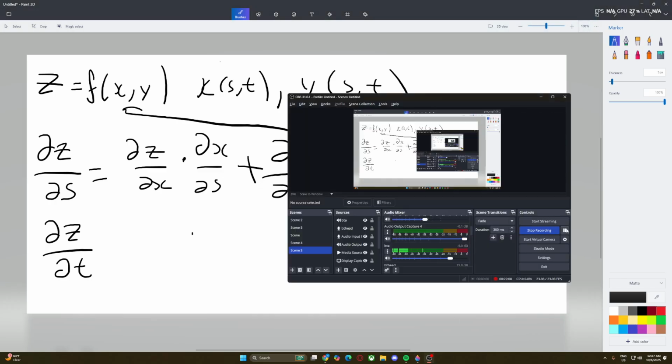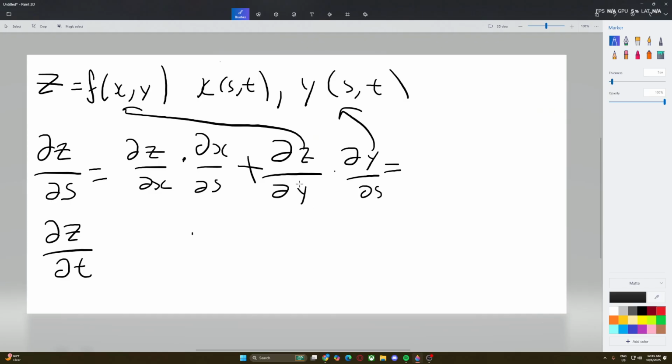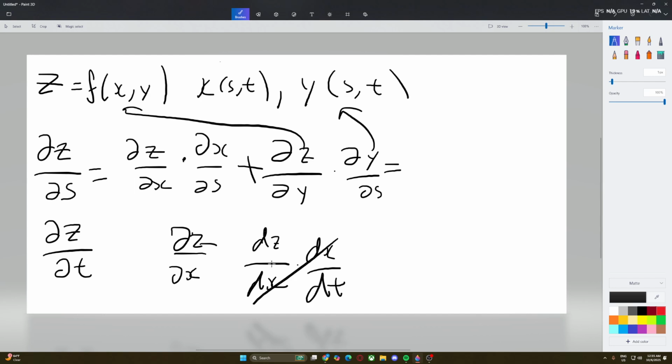Hold on. Okay, after consulting ChatGPT, I realized that these are not like your traditional derivatives. Like if this was dx times dx dt, you could cancel them for whatever reason. Probably because, I honestly don't know.